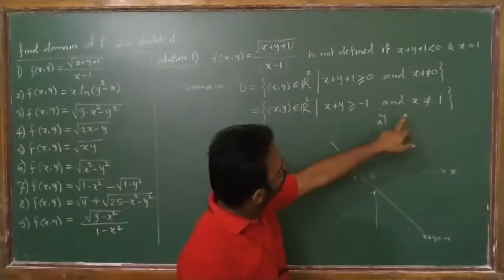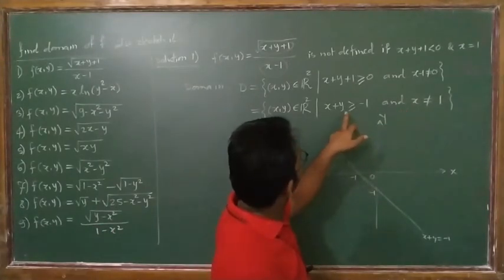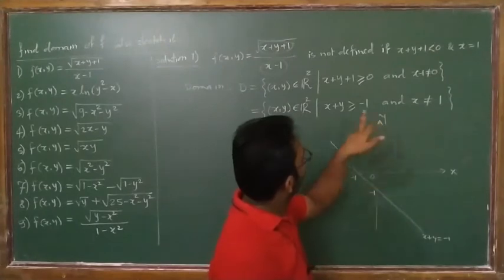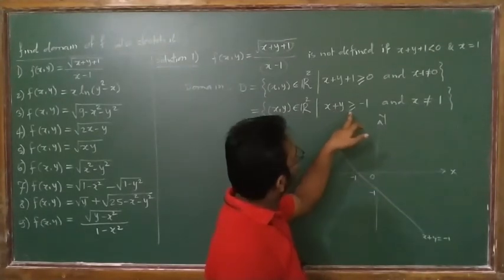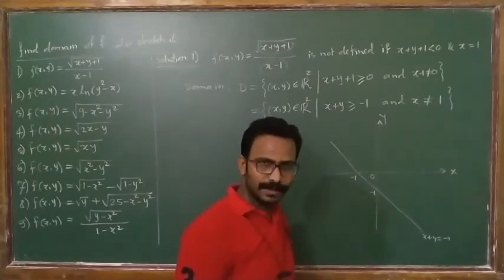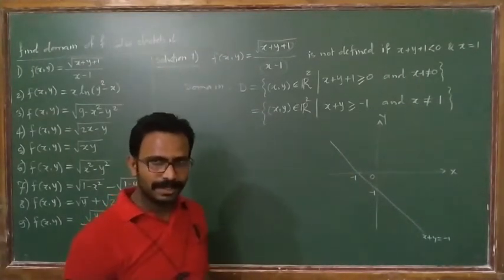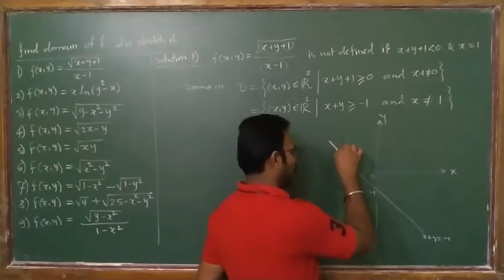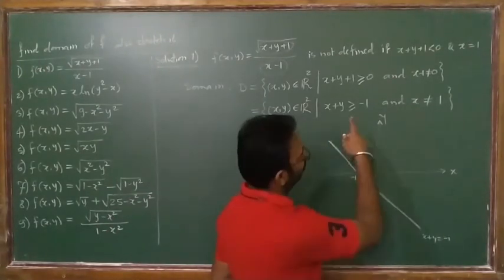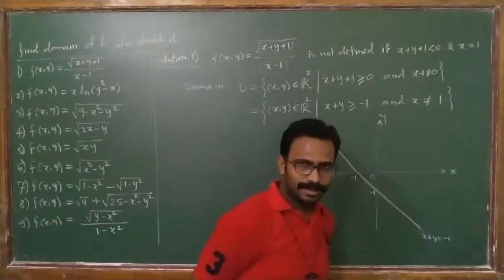We have two restrictions on R2. One is this and the other one is this. What is the region for which x plus y is greater than or equal to minus 1? My boundary line should be in my domain because equality is there. x plus y can be minus 1.